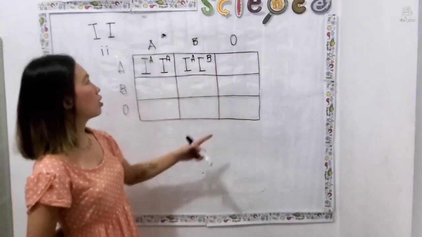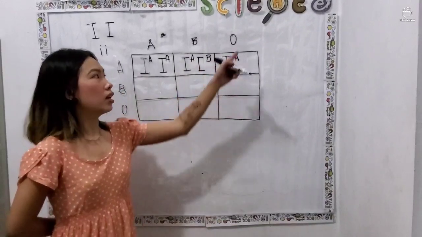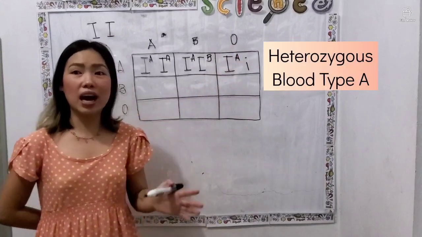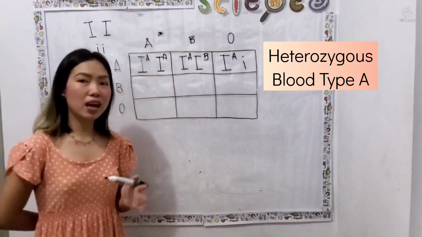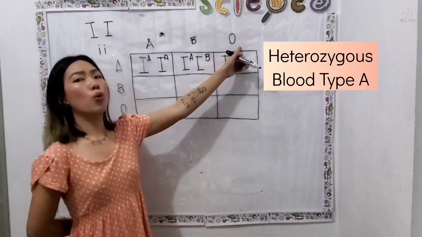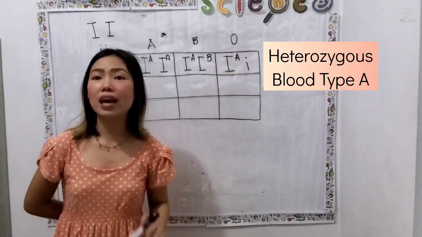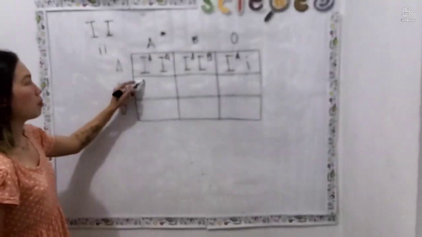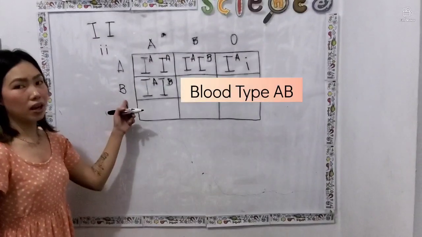Now, on the third box, one is letter A, then O is a recessive, so we use a small letter I. So, yan yung itsura ng ating heterozygous type A. Ibig sabihin ng heterozygous type A ay galing sa crossbreed na A at O. Since O is a recessive, we use a small letter I, and that is now the equivalent for the heterozygous type A. Next, we have type A and type B. Galing dito.